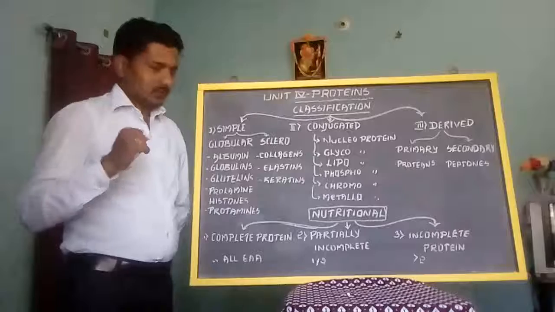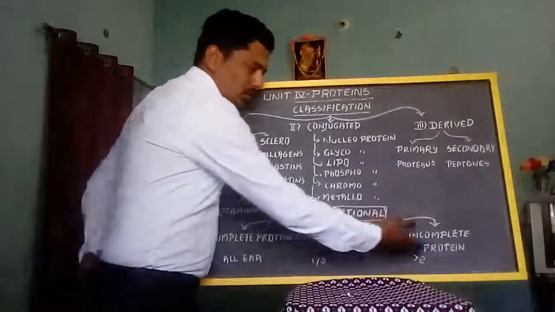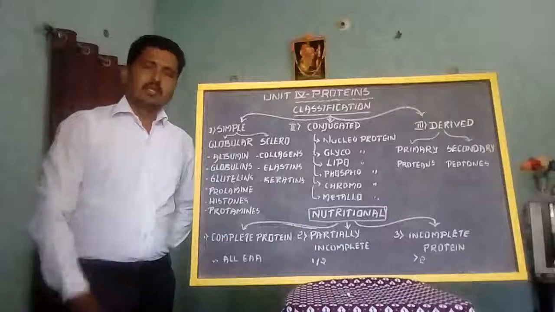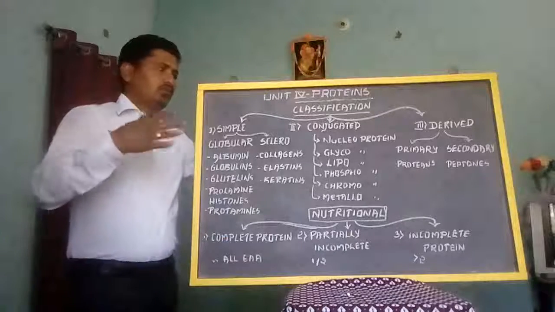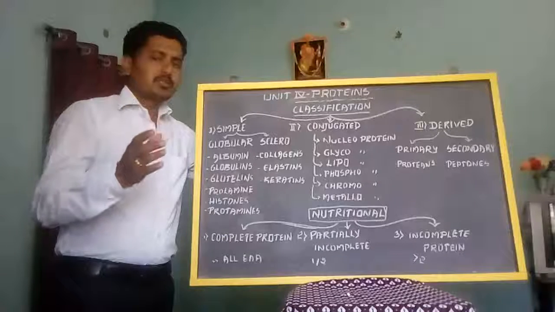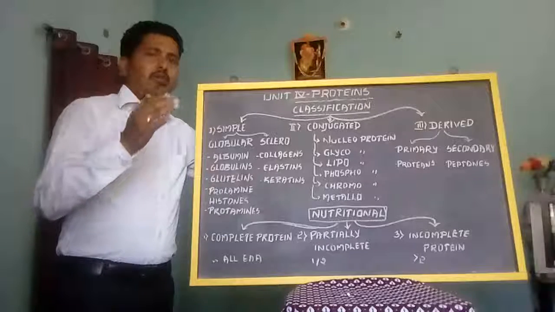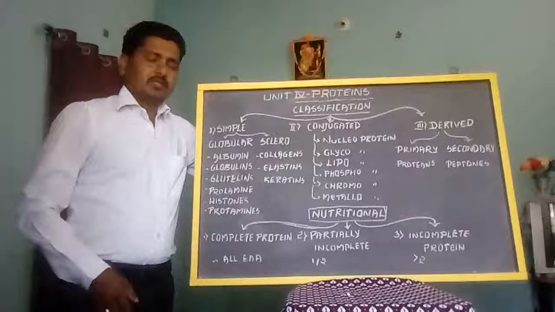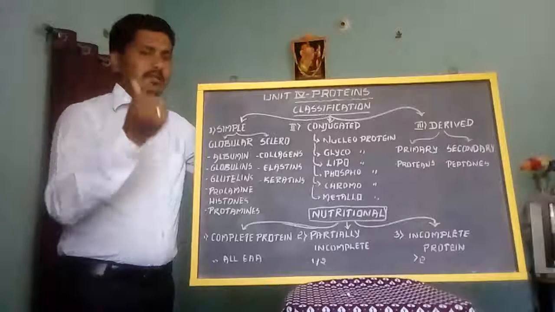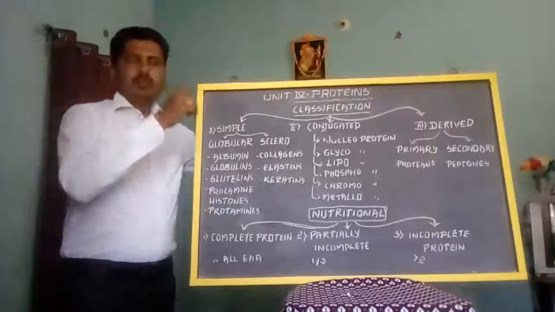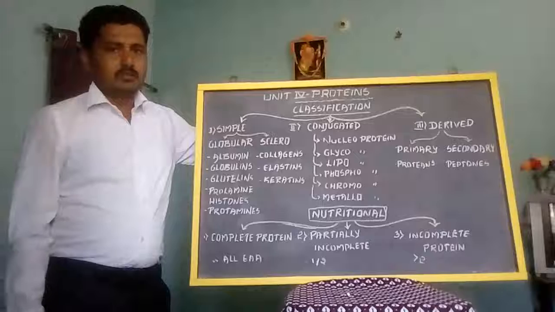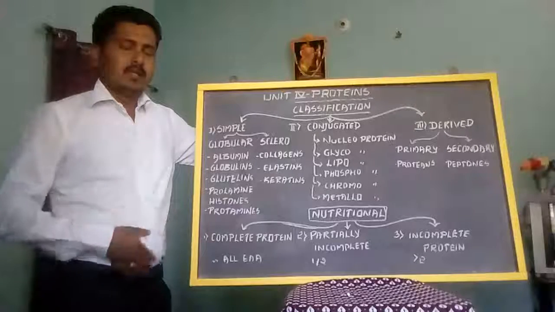And lastly, incomplete proteins. When we say incomplete, it means the protein foodstuff is lacking more than 2 essential amino acids. If a foodstuff is lacking more than 2 essential amino acids, that foodstuff is called an incomplete protein.